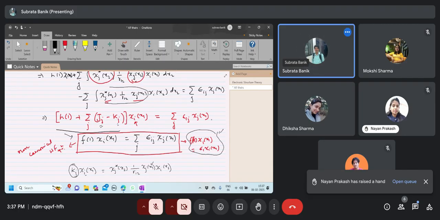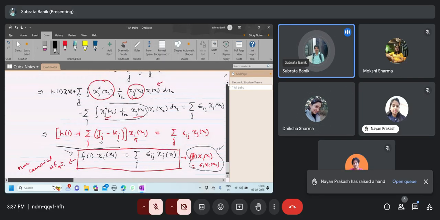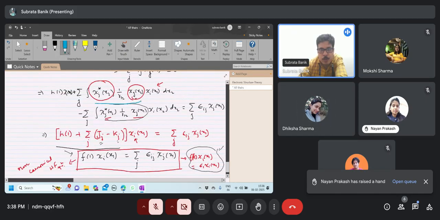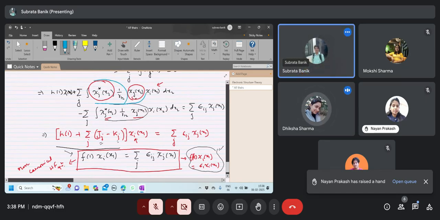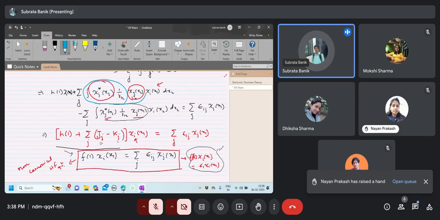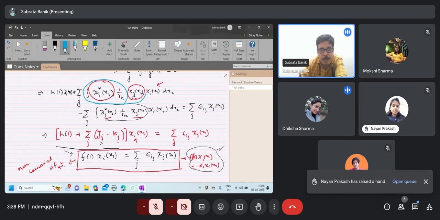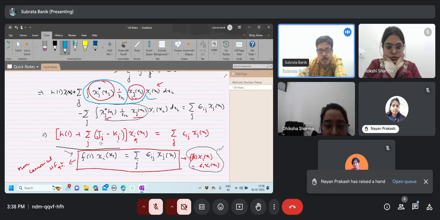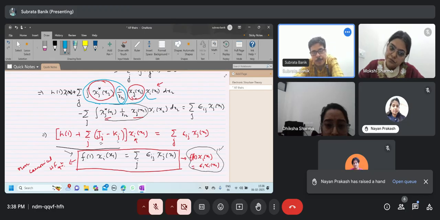On the right side I have chi J x2, it is going to make me chi I x2. I had chi I x1, it is going to make chi J x1. So whatever is on the right side of 1 upon r12 is going to exchange, exchanging the orbitals.